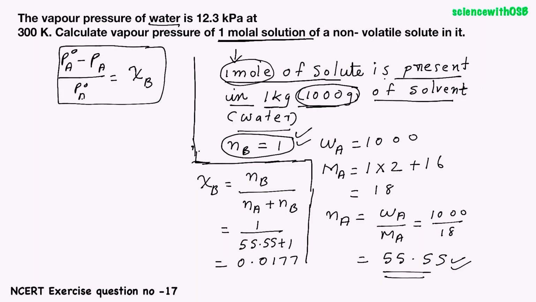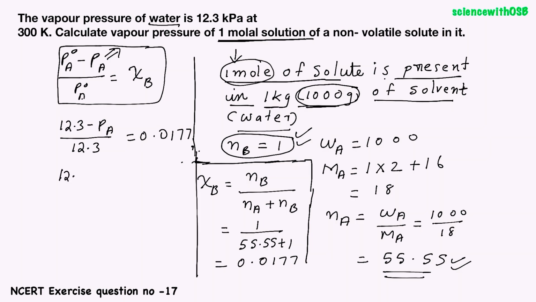Now coming back to our first equation. Here we have the unknown, which we are supposed to find, right? PA, vapor pressure of the solution. Substitute all other values. So (12.3 minus PA) by 12.3 is equal to the mole fraction, which we already found, 0.0177.